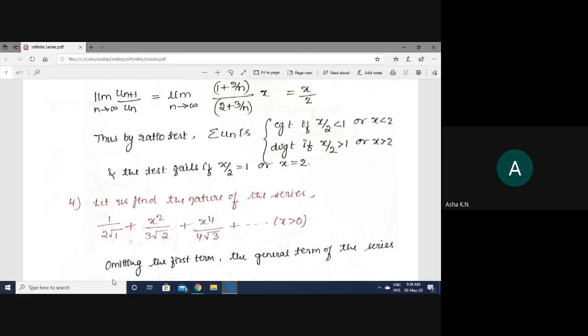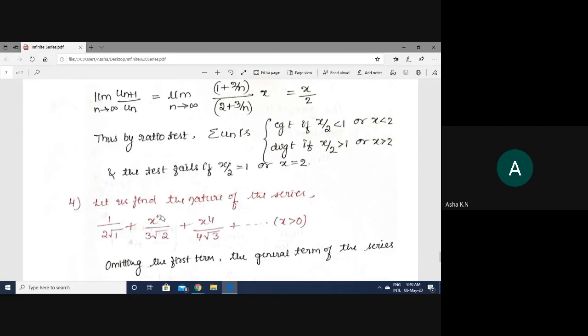the general term of the series, nothing but nth term of the series is, now just ignore the first term. Starting with x square by 3 root 2 plus x power 4 by 4 root 3 plus x power 6 by 5 root 4, etc. This is your series. Now, you have x square, x power 4, x power 6, etc. What will be the nth term?